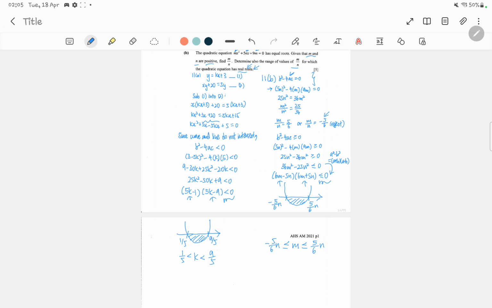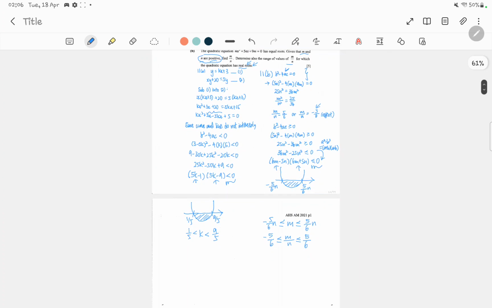And we know that n is positive, so we are going to divide the entire inequality by n. Since n is positive, we do not need to swap the inequality sign. So dividing everything by n, I get minus 5 over 6 is less than or equal to m over n, which is less than or equal to 5 over 6.